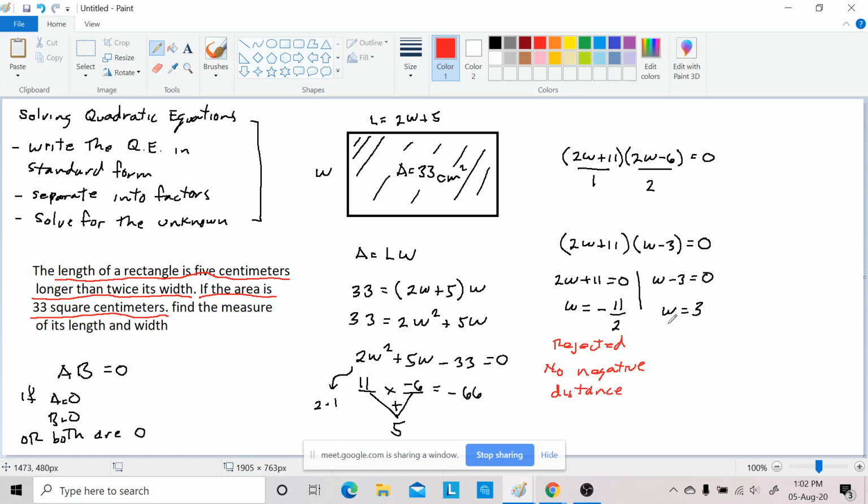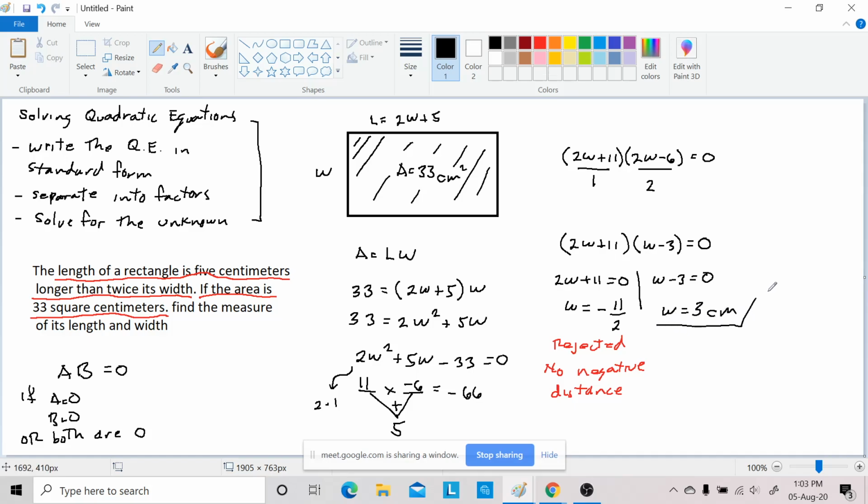So this is what we are going to accept. The width of this rectangle now is 3. 3 what? Centimeters. Never forget your units. So we will now have 3 centimeters.